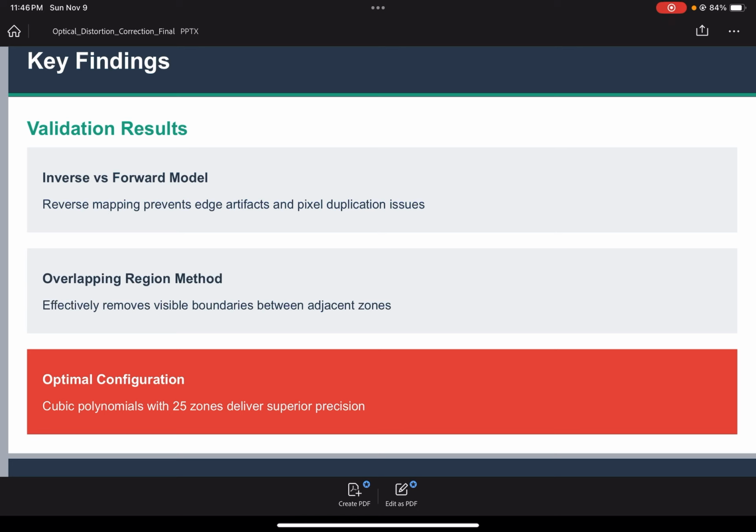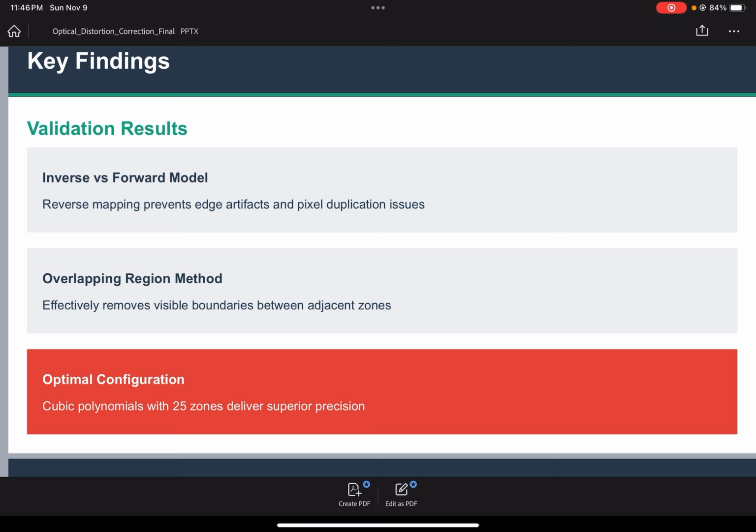First, the inverse model clearly outperforms the forward model. The forward model with pixel carryover creates edge artifacts and pixel duplication issues. The reverse mapping approach prevents these problems because it processes the output systematically, ensuring every pixel is handled exactly once with no gaps or overlaps.